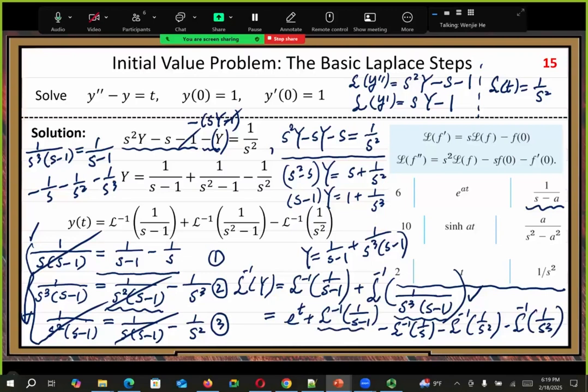And this one is the same as the first one, we just did one. So we will get 2 times e to the t.